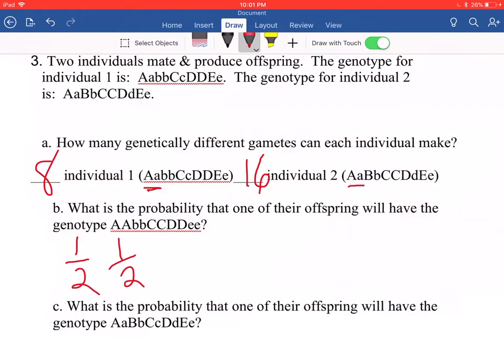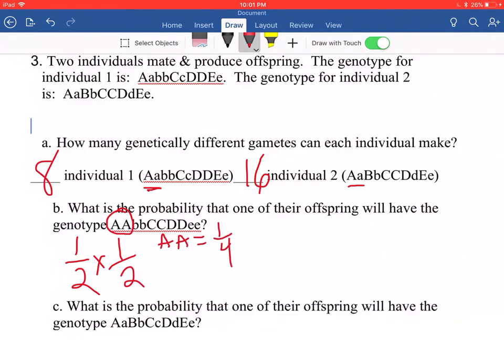So now that we know the probabilities of passing a big A for individual 1 and individual 2, we can say that the probability of the offspring getting big A, as is asked for in this question, is 1/2 times a half. So the probability of big A is 1/4.